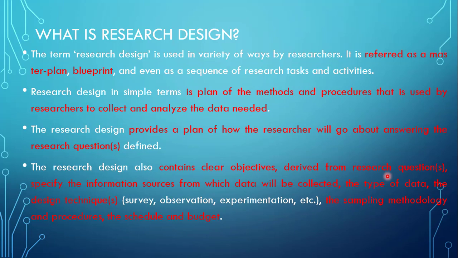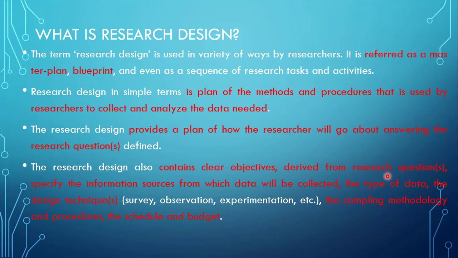One more example. Let's say your title is the impact of advertisement in motivating consumers' purchase. So you have impact, you are going to see the relation between the two variables, which are the advertisement and the motivation of consumers.